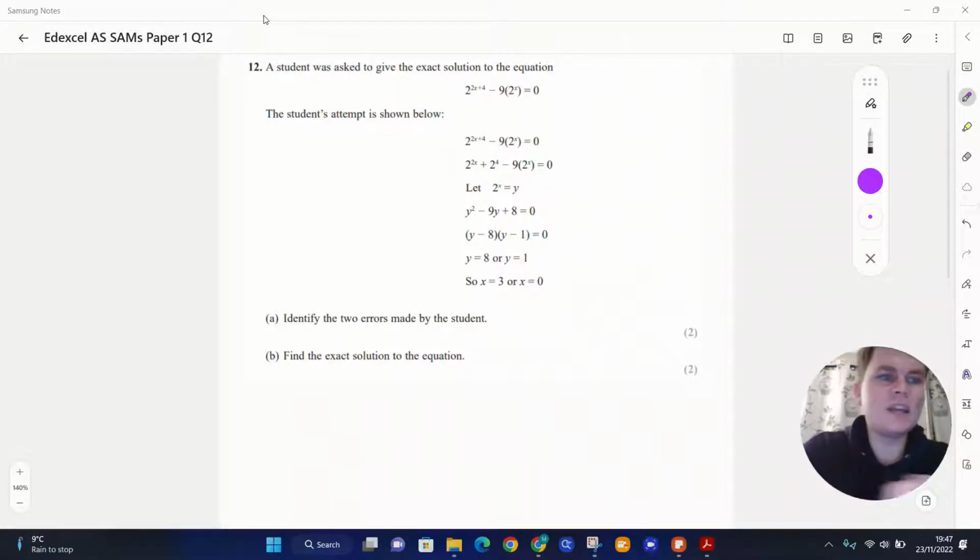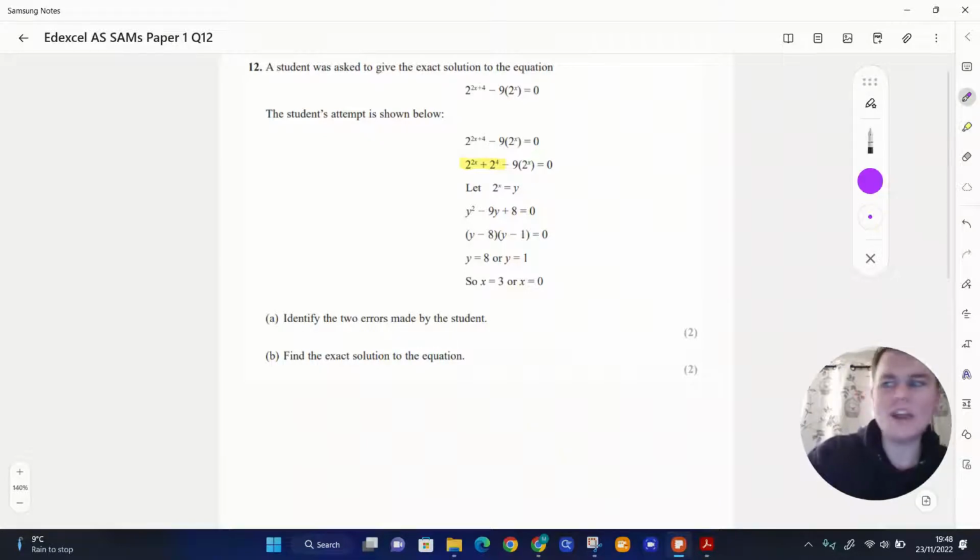So you're going to do a little bit of hunting and seeing what you can find in the question that is mathematically wrong. So we look at the first line, nothing's changed there, and then we look at the second line. And you can see, well, if we were to rewrite 2 to the 2x plus 4, you wouldn't do 2 to the 2x plus 2 to the 4, okay? Because that isn't the law of indices.